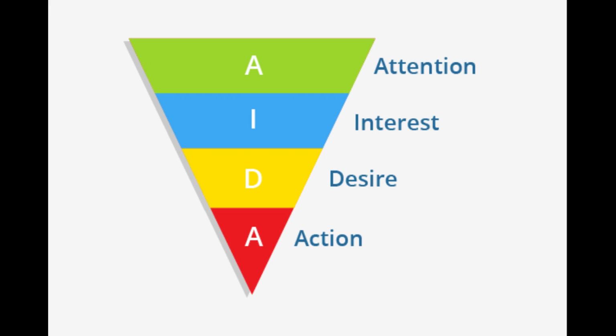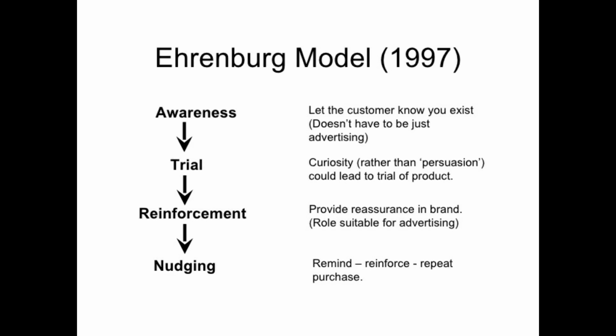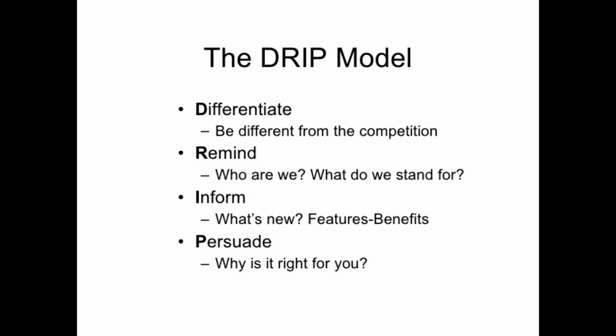So there are 5 main models of advertising: the IDA model, the Dagmar model, the Ehrenberg model, the DRIP model, and the DMP model.